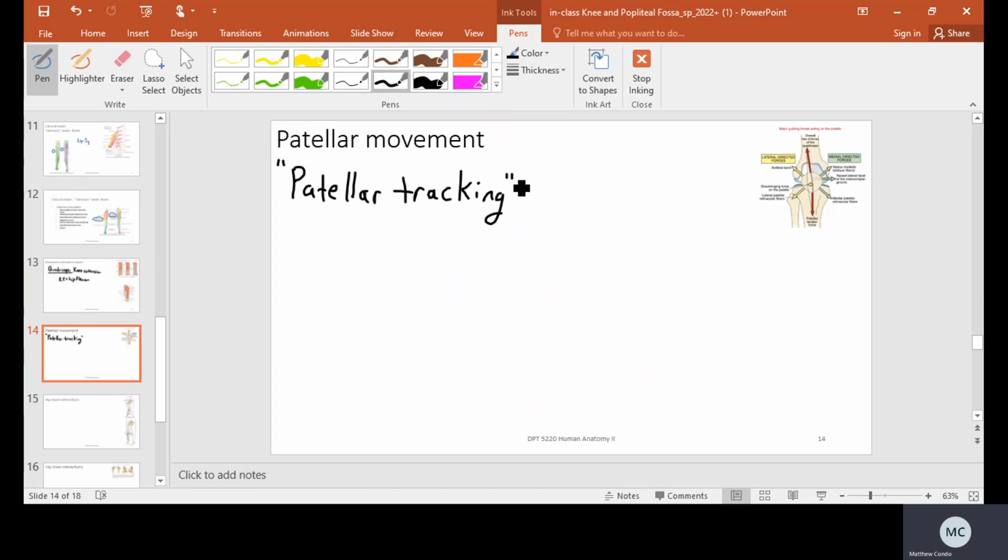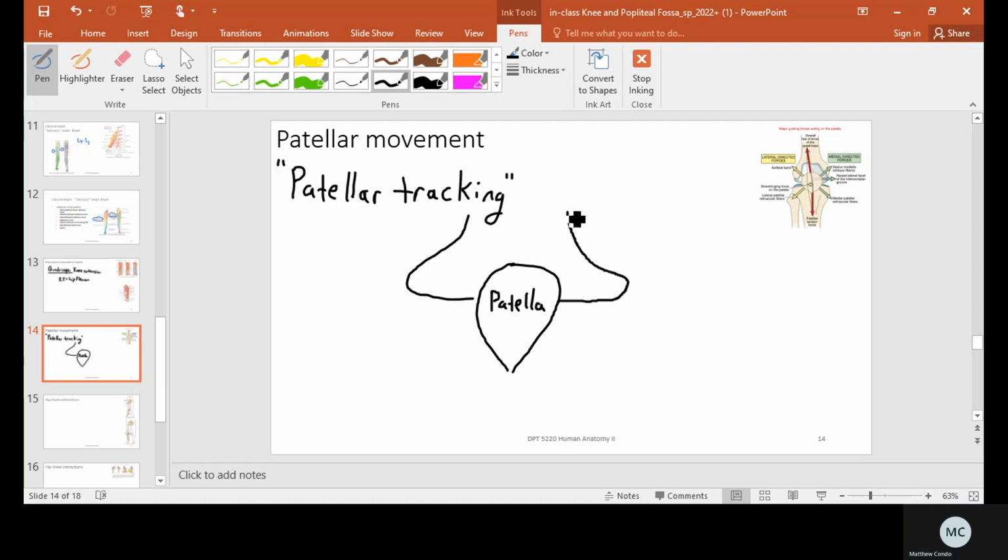So what I have here is I'm going to have a patella. And I'm going to have a femur. And I'm going to have this little area in the middle.